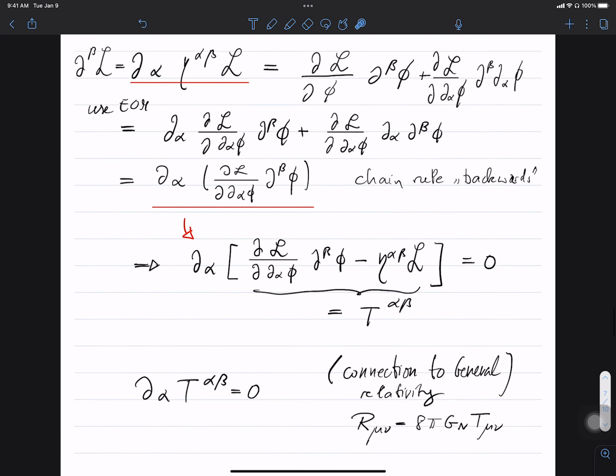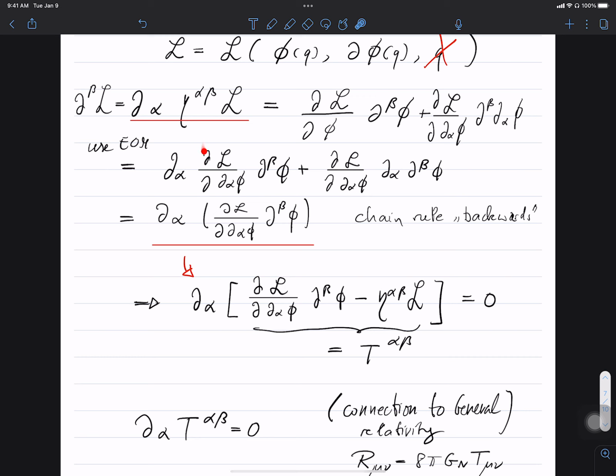So doing that on this term, we get this expression, and then we can apply the chain rule backwards, right? So we can pull out basically this derivative and write it as hitting this bracket here.